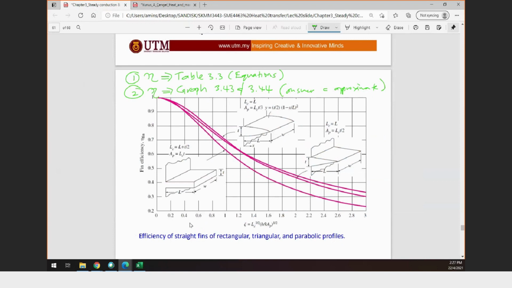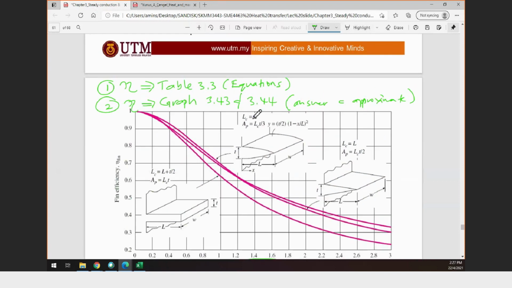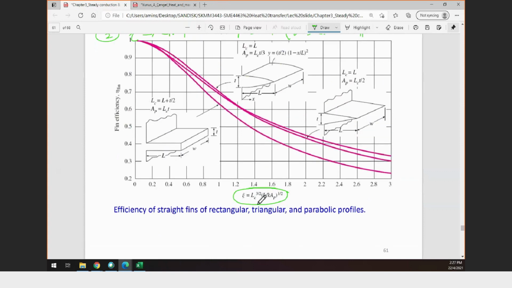First, you need to find this value, the corrected length to the power of 3/2, times the square root of h over k Ap, where Ap equals Lc times t.